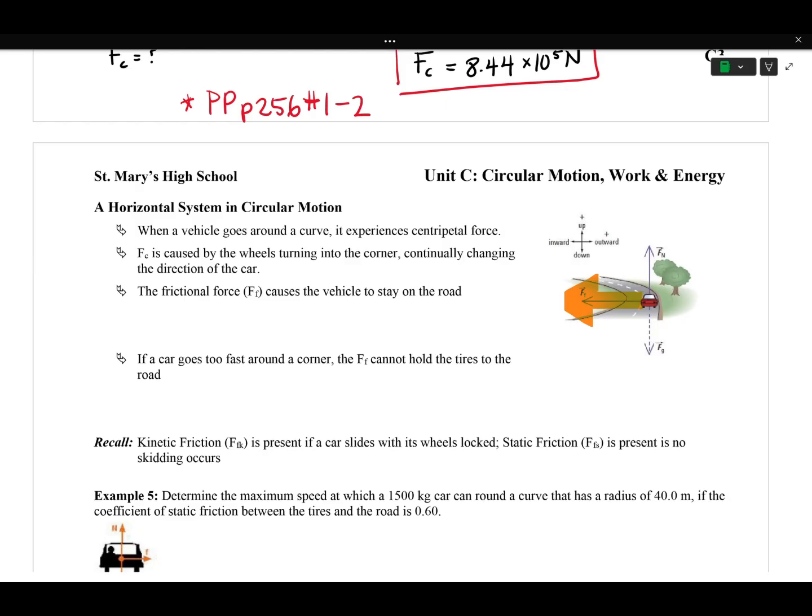So when we have a car that's turning, or anything turning a corner, our centripetal force is going to be our frictional force. Let's write that over here. Our FC, centripetal force, will be equal to the force of friction. We now remember from our dynamics unit that we just finished, what is the formula for frictional force?